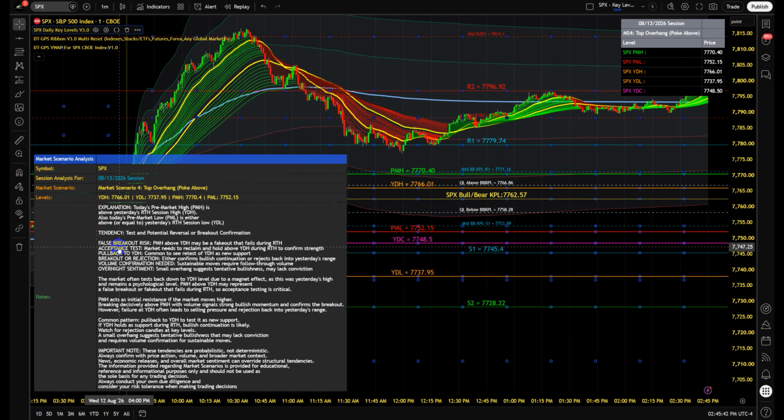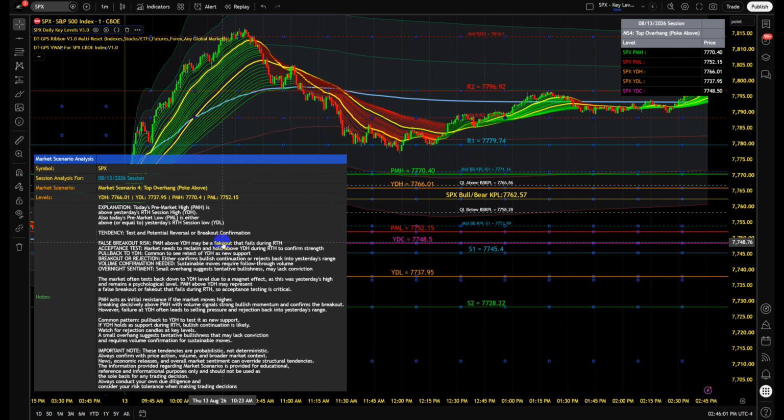It shows you different risks to look at during the session, an explanation of what this market scenario means, common tendencies of this particular market scenario, key trading characteristics, and also which of the contextual levels are most important in this type of market scenario.